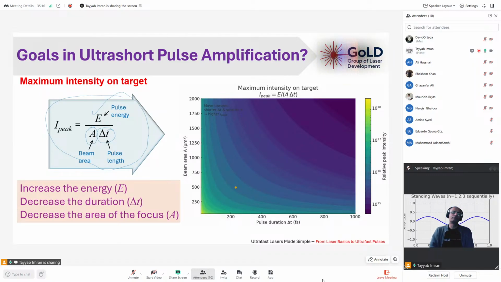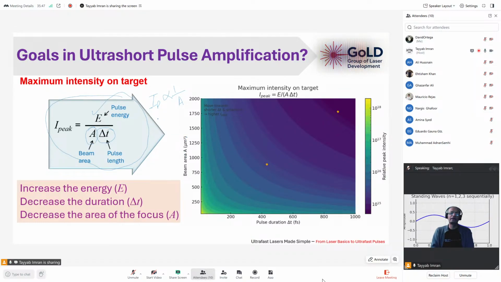And this relation, intensity, is directly proportional to the pulse energy and inversely proportional to the pulse length and the beam area. If the beam area is increased, then intensity will be reduced, okay? So your peak intensity actually is inversely proportional to the beam area. So beam area has to be controlled.